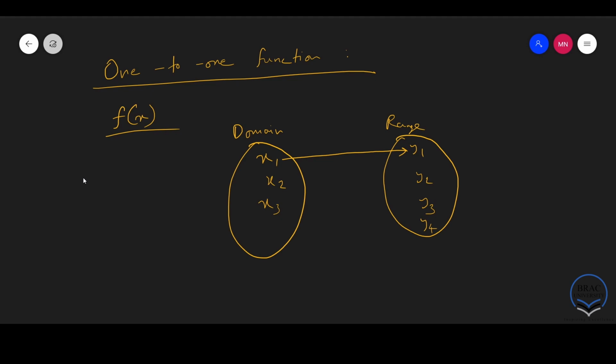Multiple values of x cannot correspond to the exact same value in the range. Each element in the domain corresponds to a unique element in the range, and each element in the range corresponds to a unique element in the domain. So x1 corresponds to y1, x2 may correspond to y3, x3 may correspond to y2, but we can never have x1 and x2 both corresponding to y1. That is the definition of a one-to-one function.